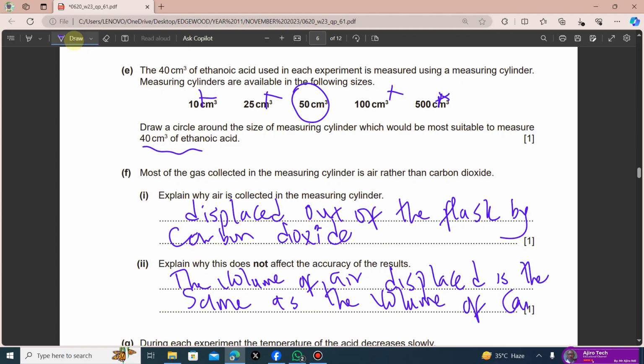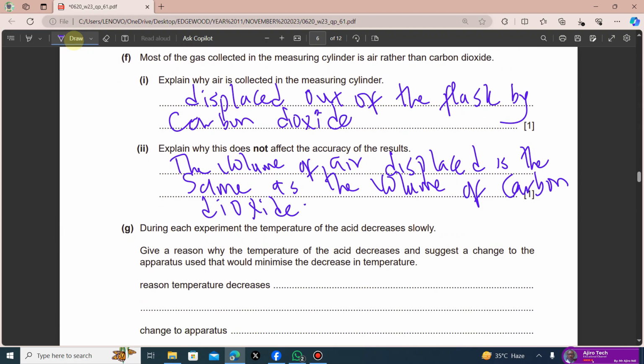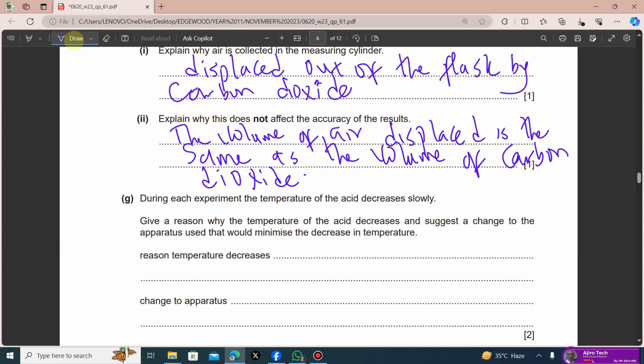So that is why it doesn't affect the accuracy of the results. All right, so that answers that. Now we move forward to the next question.